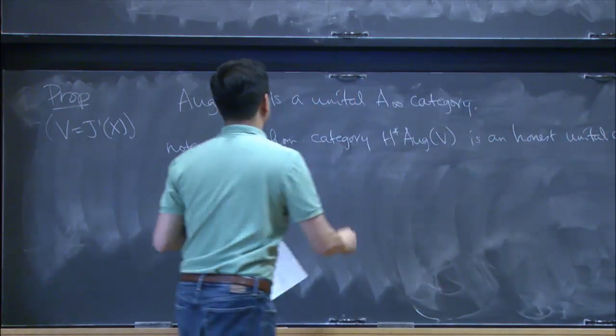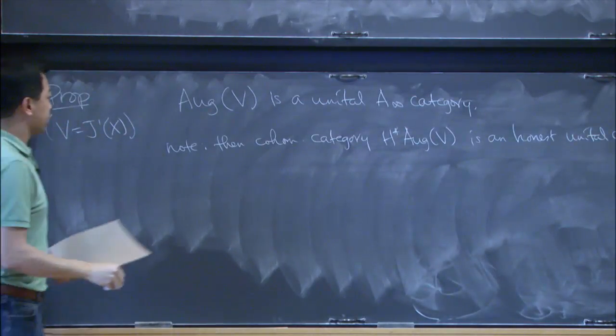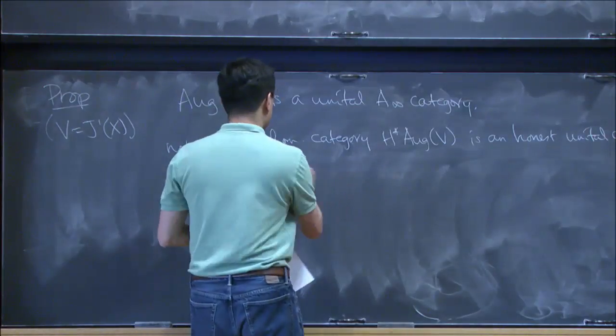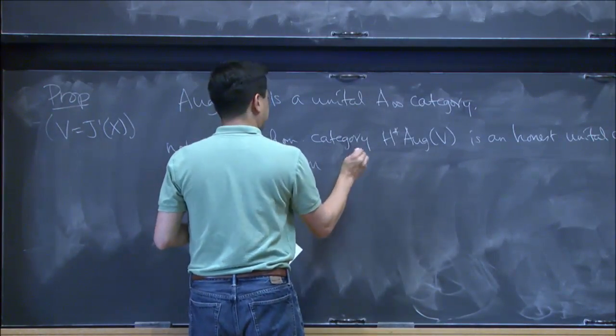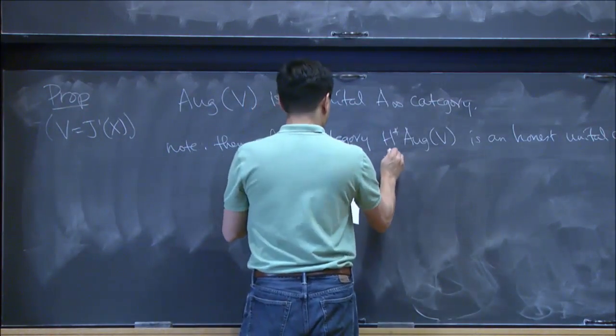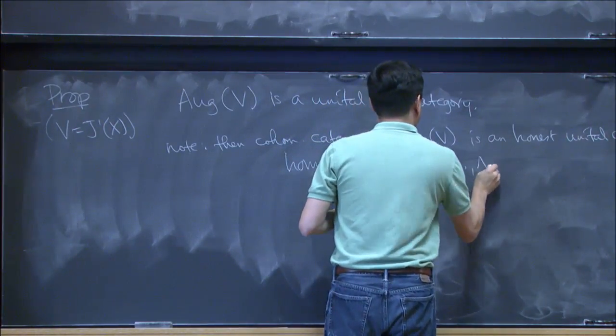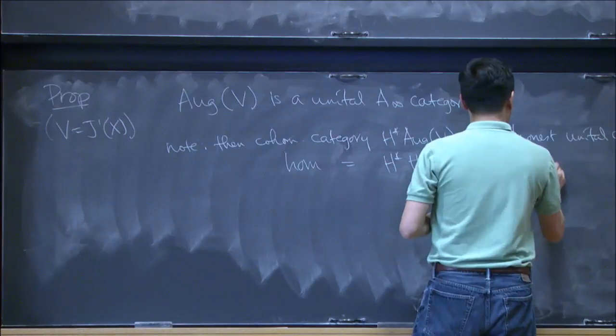I guess this is actually a strictly unital A infinity category. The cohomology category is an honest unital category where the homs are H star of hom in the augmentation category, and composition is M2.